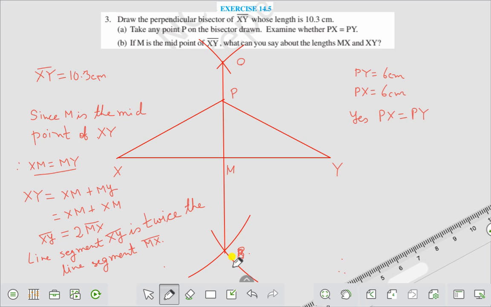Right, this point is B. Therefore, you can say that this is not point P, this is point P. We have taken OB as the perpendicular bisector, right?